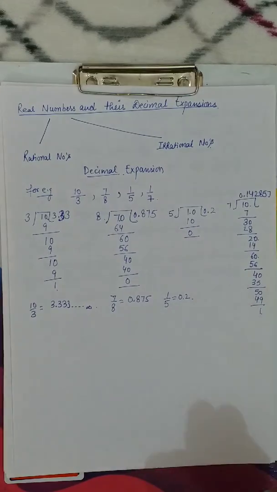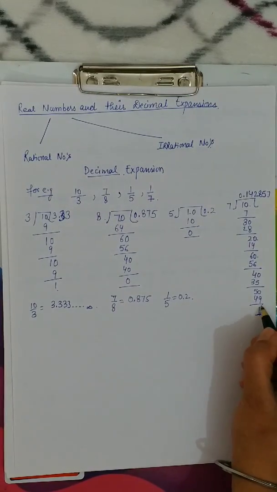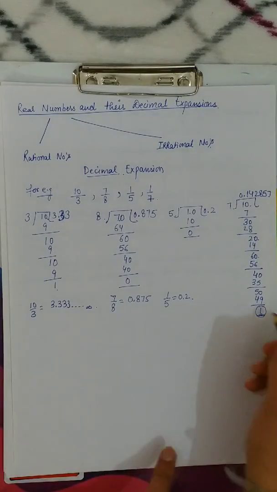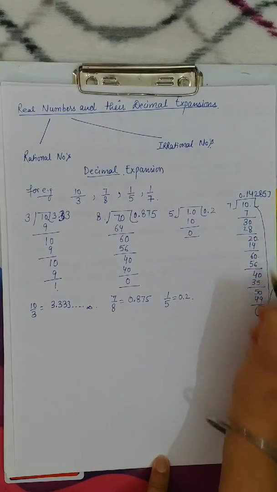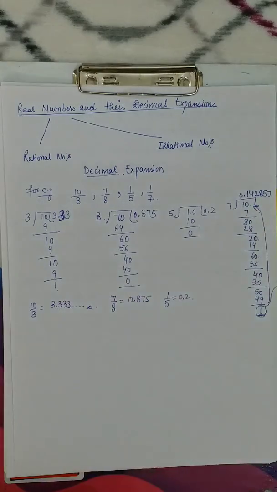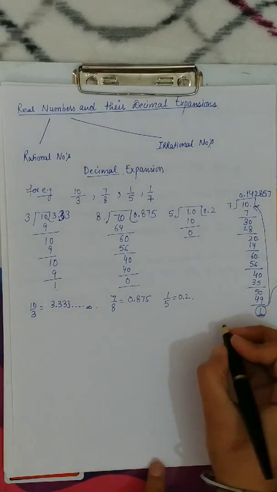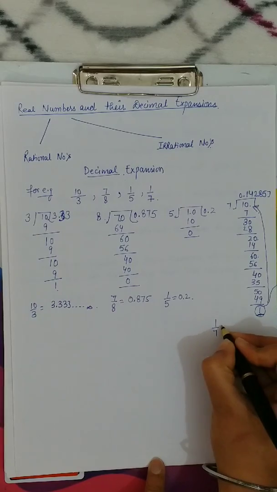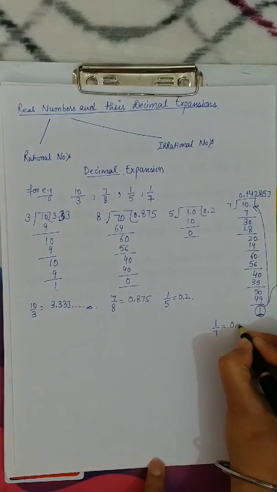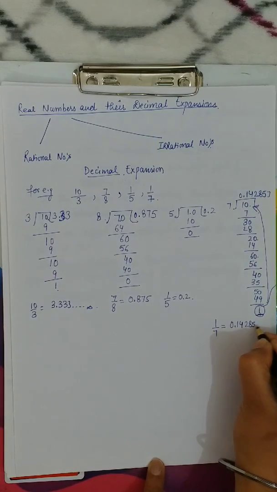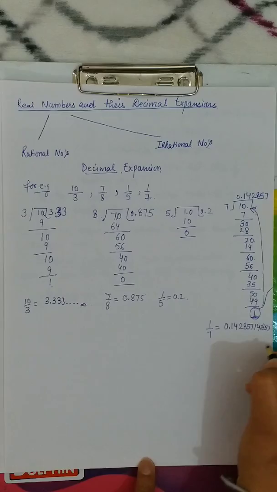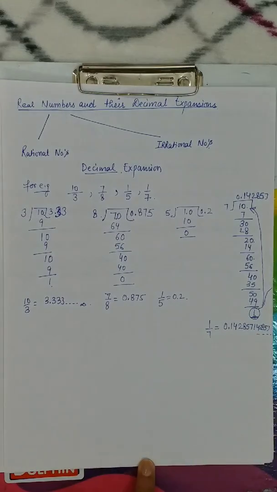Remainder is 1. Now if you check, we get the remainder as 1. So the process starts again from the same point, and we will get the same repetition of the digits again and again. So the decimal expansion of 1 by 7 is 1 4 2 8 5 7, again 1 4 2 8 5 7 and so on.